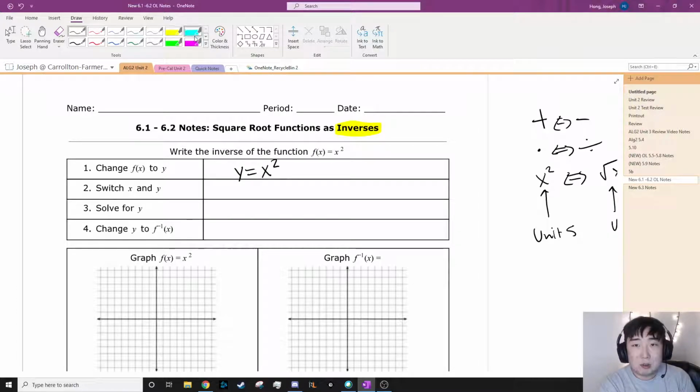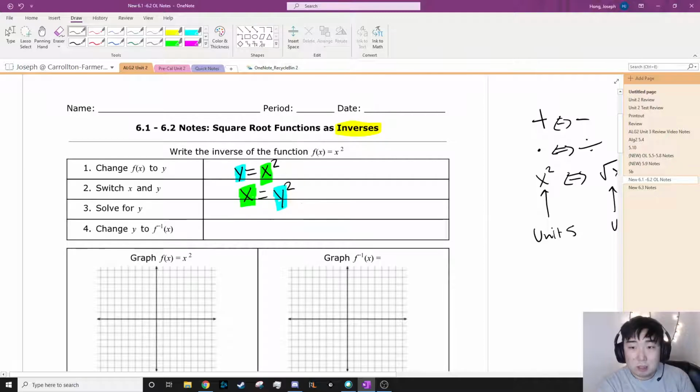I'm going to just switch this y for this x right here. And what happens is x is equal to y squared. So this x is now by itself, and this y is here with the squared.